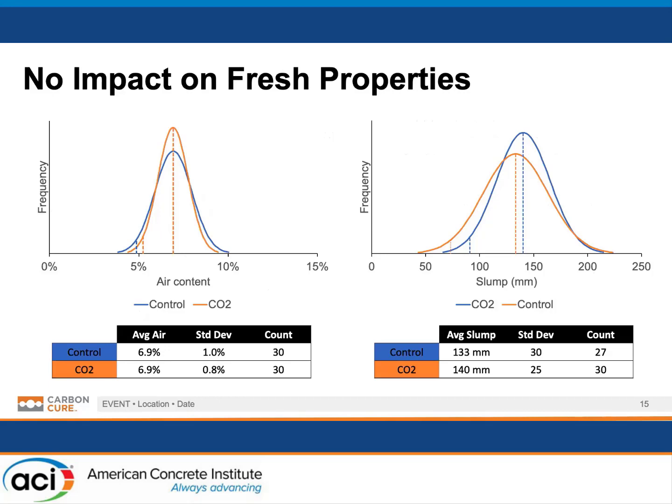The air content in the concrete is not bubbles of CO2. As I'll show you, it's mineralized CO2. The workability is not changed either. So you have extensive producer data verifying that the fresh properties are not changed. And while I won't talk about the durability impacts in this presentation, they have also been assured through testing.